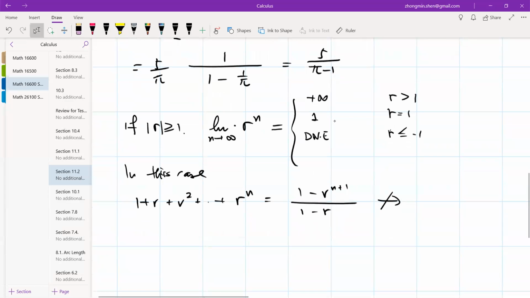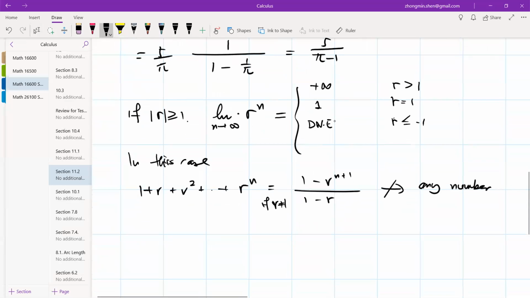This is true only if r is not equal to 1, otherwise you cannot write it in this form. This does not approach any number. It's divergent. In other words, the infinite sum is divergent. It's not convergent, meaning divergent.